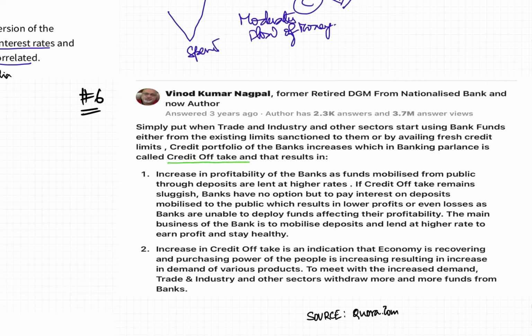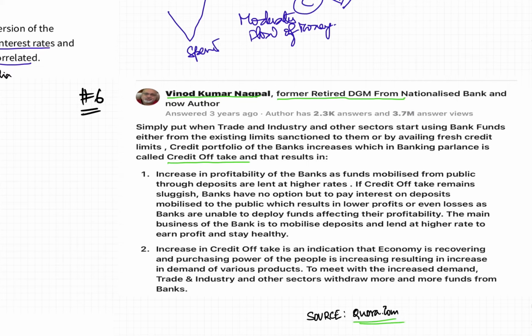Now, what is that? Simply put, when trade and industry and other sectors... now this has been put forth by Mr. Vinod Kumar Nagpal, former retired DGM of a nationalized bank. This has been taken from Quora.com.